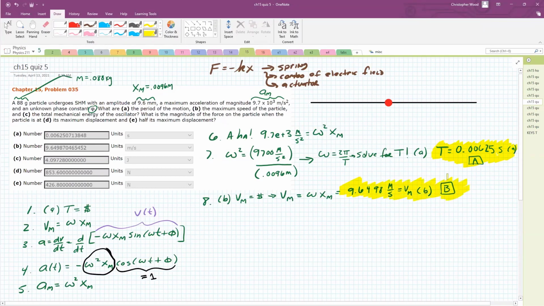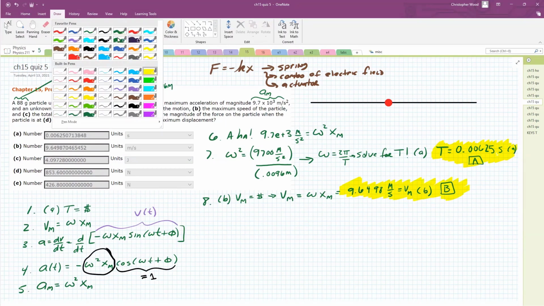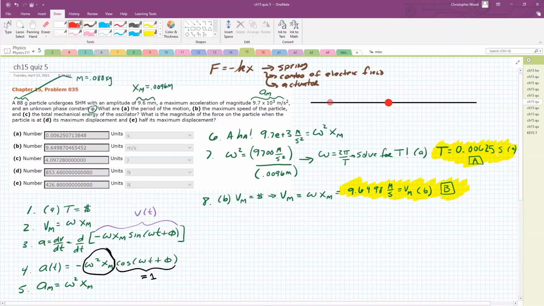Part C says, what is the magnitude of the force on the particle when the particle is at its maximum displacement? Well, that's a good question. So here's part C. I'm going to go back to my visual. This particle is going to go oscillating over here.